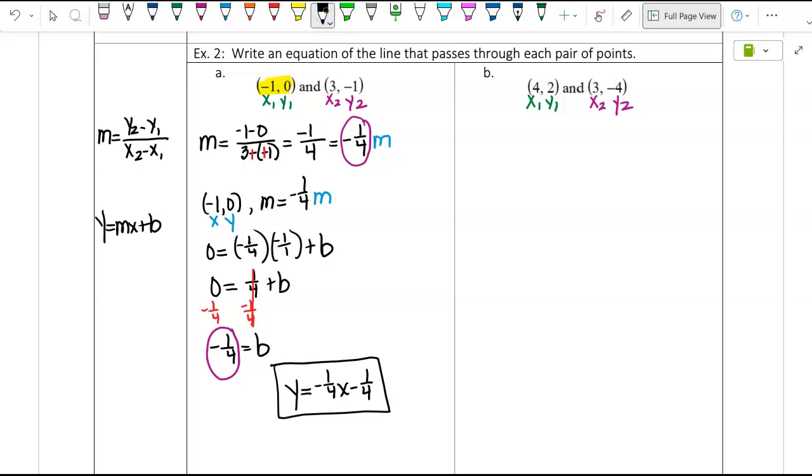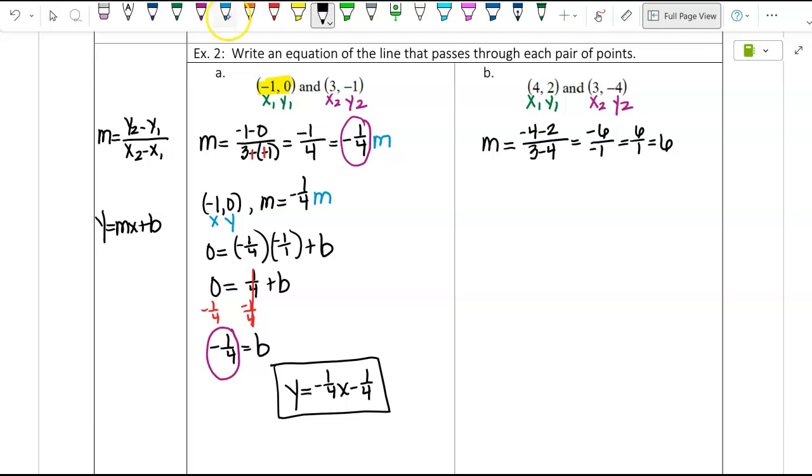So if we substitute the numbers in, we get m equals -4 minus 2 divided by 3 minus 4. So that gives us -6 divided by -1, which is +6/1, or just 6.